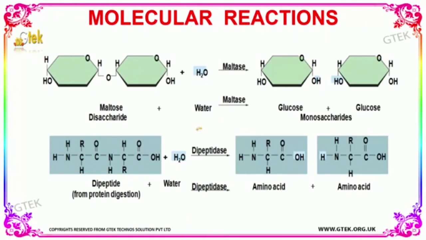So this is how you can explain the process of digestion in chemical equation method. The food that enters with water will produce glucose that produces energy. Your dipeptide in the presence of water will produce amino acids, that is, breaking down of your protein complex into simple amino acids which can be easily digested and absorbed by a human body.